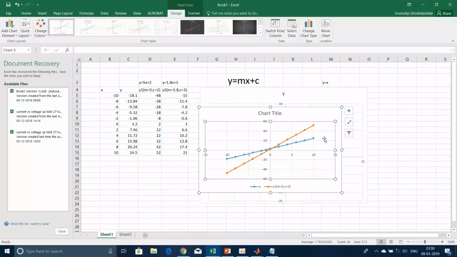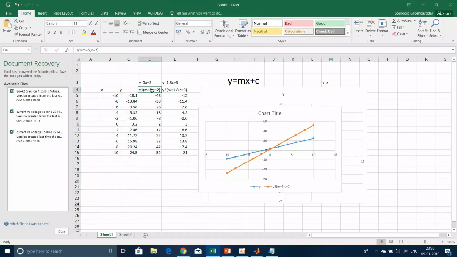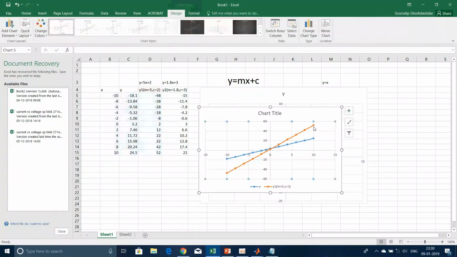So the farther the predicted data is away from the model data, the worse is the approximation of m and c. So how do we know m is equal to 5 and c is equal to 2 is a bad choice for the parameters m and c? Well, because there's a huge difference between the predicted data.